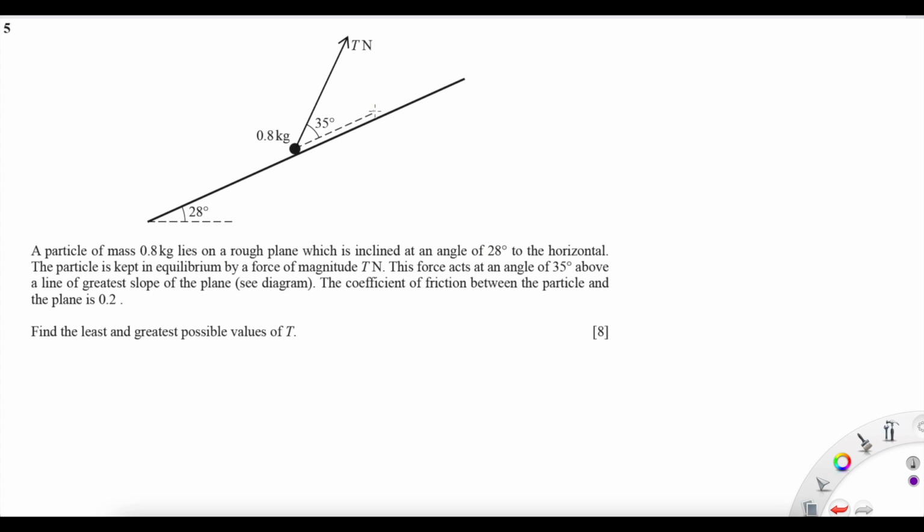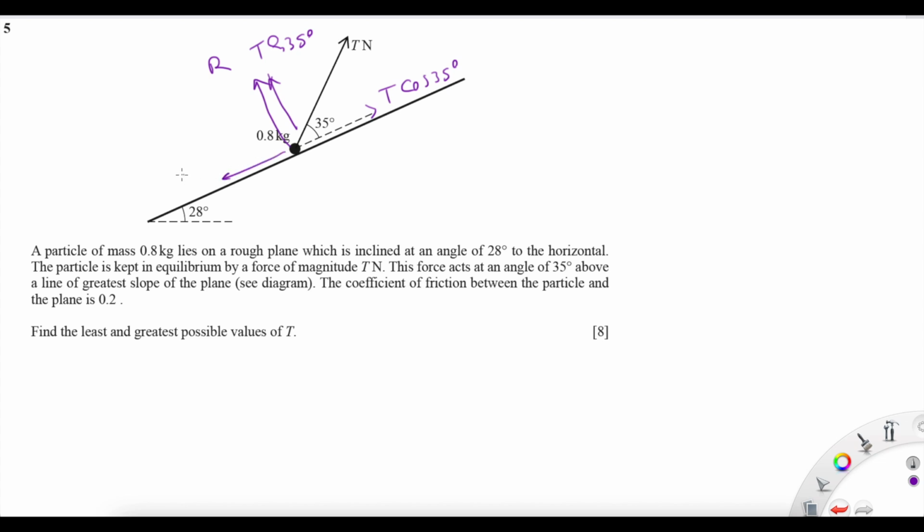Let's first resolve our forces. So we have here T cosine 35, here which is normal contact force R, and this vector with respect to this angle will be opposite. So I write it here. This will be T sine 35.